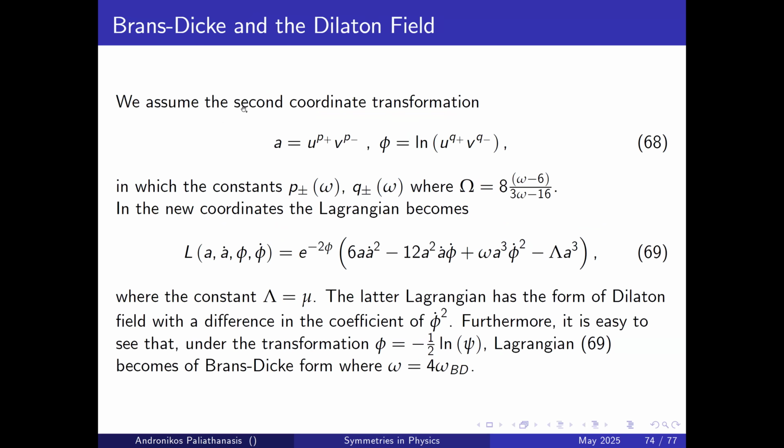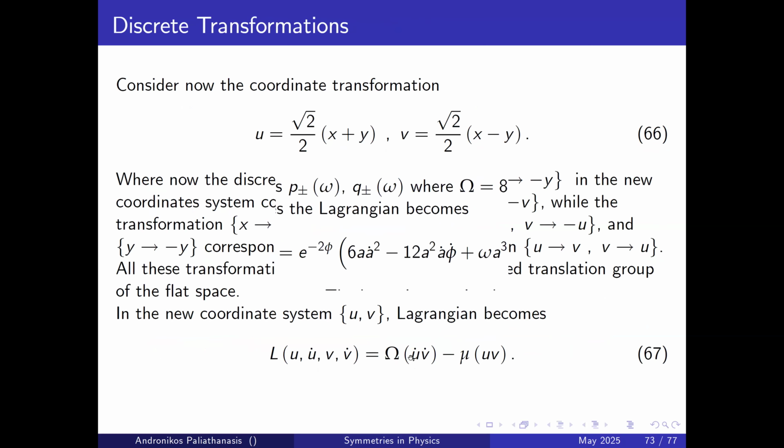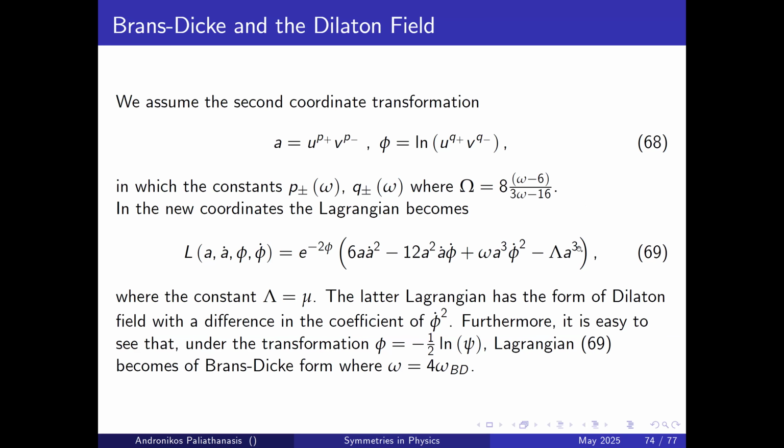In the new coordinates, the Lagrangian takes this form. We now assume the second coordinate transformation from u, v to A, phi, and from 67 we reach 69, where p, q are constants and omega is a parameter. These are just constants, and assume that omega has this form.